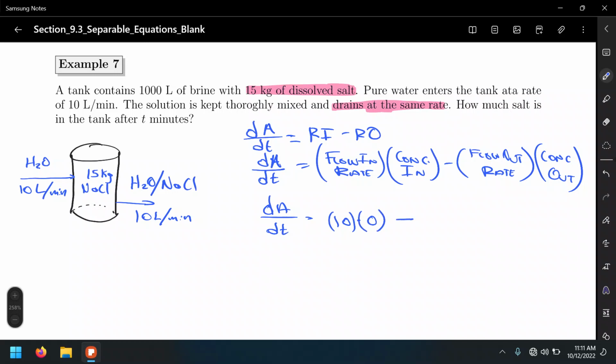Minus flow out rate. Well, they're telling us that the mixture is coming out at the same rate it comes in, that is 10 liters per minute. Now, what about the concentration out? That's a good question. So, something per 1,000, right? I mean, we don't know because initially we have 15 kilograms of salt inside of the tank. Water will come in, and at the same time the mixture, water and salt, will come out.